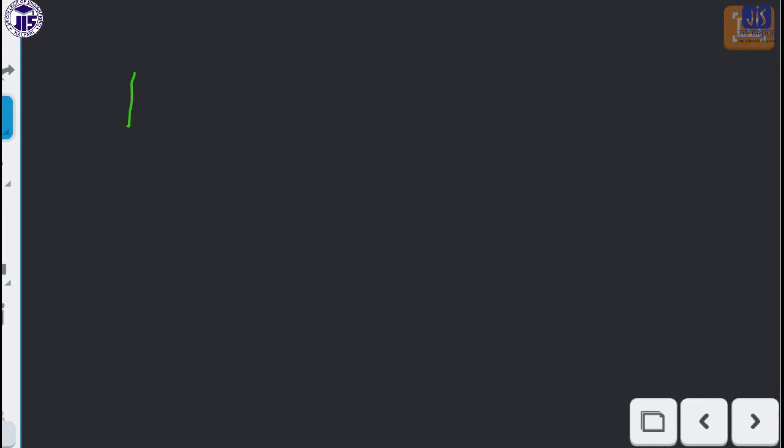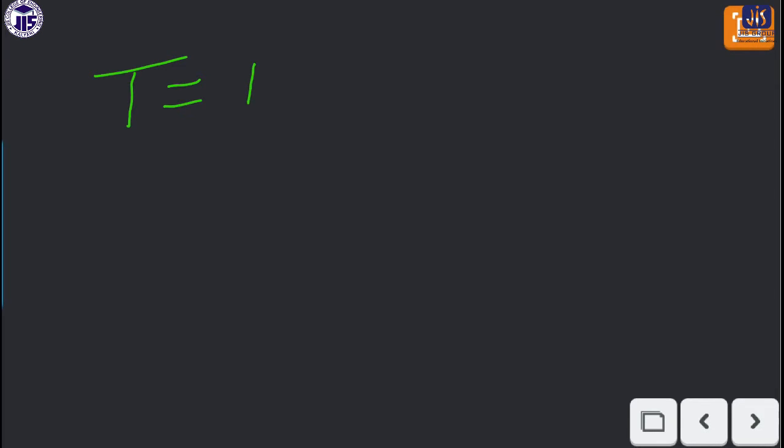So finally, when we consider the Boyle temperature, T will be replaced by TB. It is the temperature at which all real gases obey the ideal gas laws.